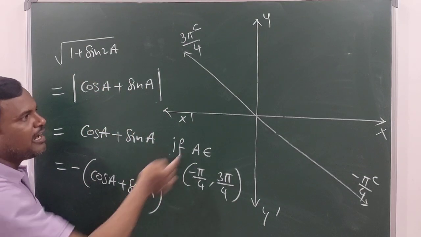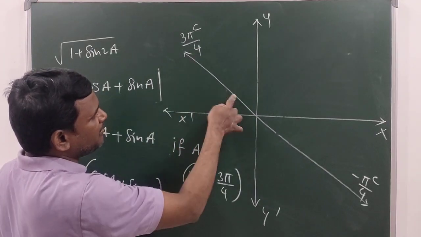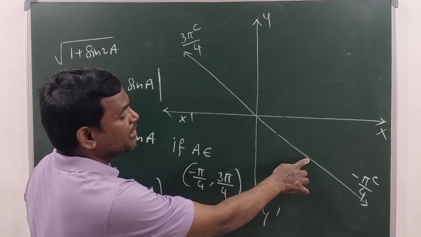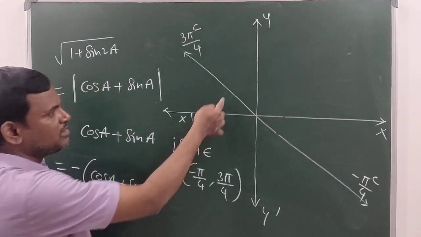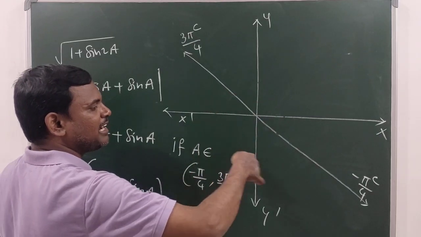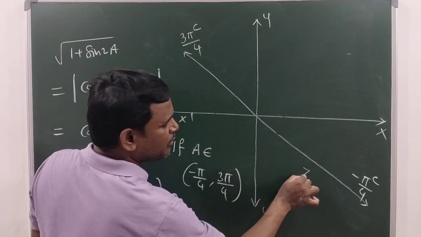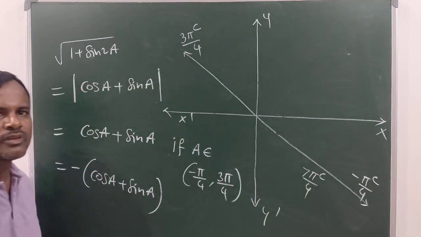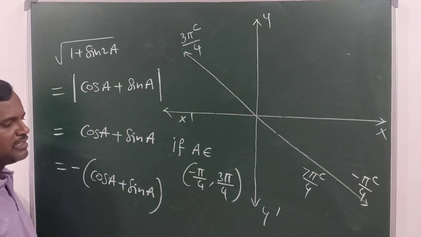And in this interval, means from 135 to 315, we are measuring an angle in the anti-clockwise direction. So that here you can write 7 pi by 4. That is equal to 315 degrees.